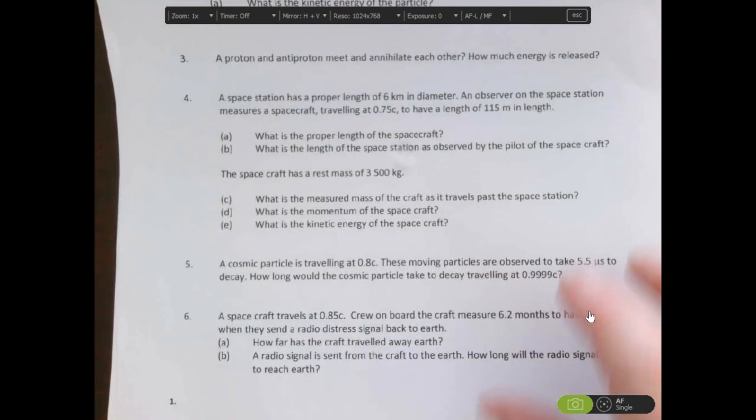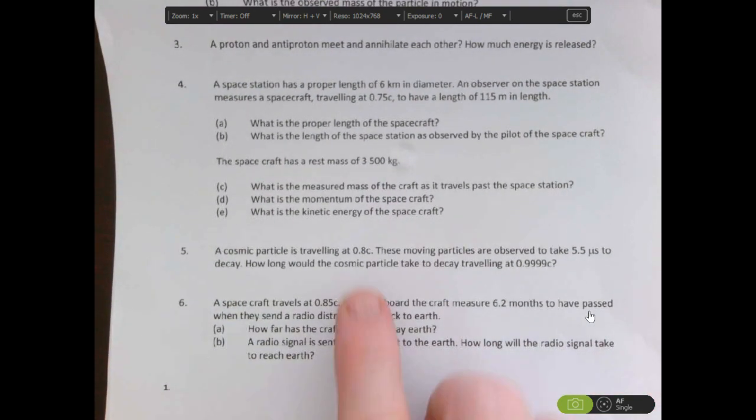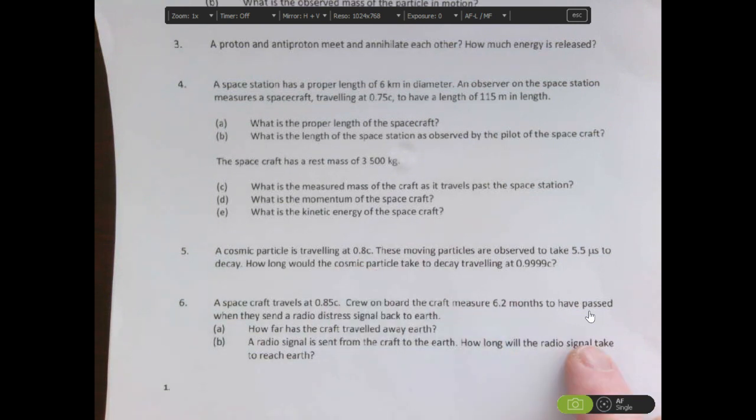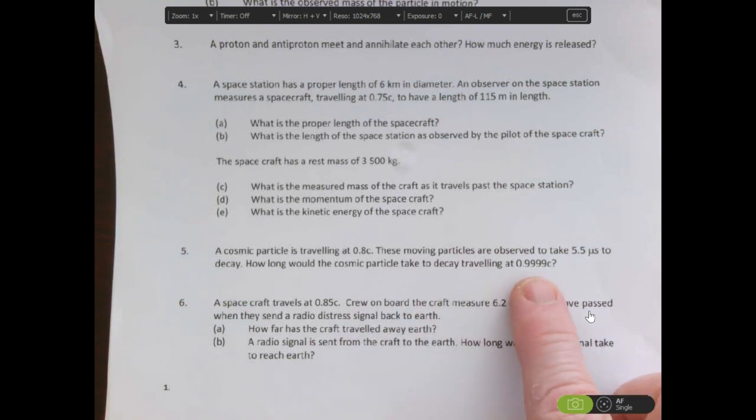Okay. So question 5 has a cosmic particle traveling at 0.8 C. When moving, these particles are observed to have a decay time of 5.5 microseconds. How long will the cosmic particle take to decay when it's traveling at 0.9999 C?